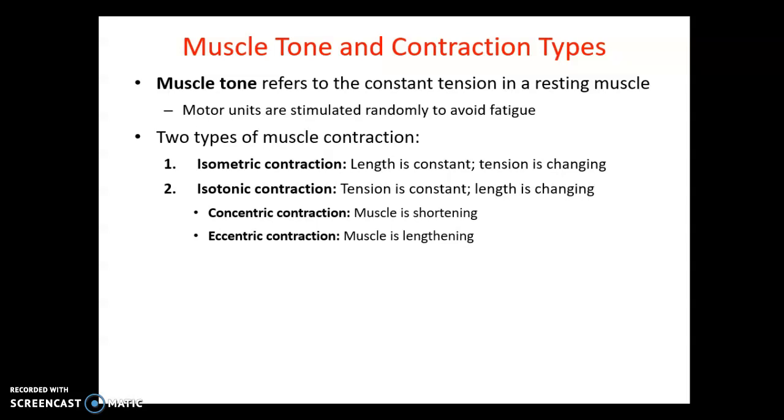This is where your muscles shorten and lengthen. Muscle shortening is called concentric. Muscle lengthening is called eccentric. Like in math, eccentricity means oval-like shape, so you can think of the muscle moving in an oval-like manner.